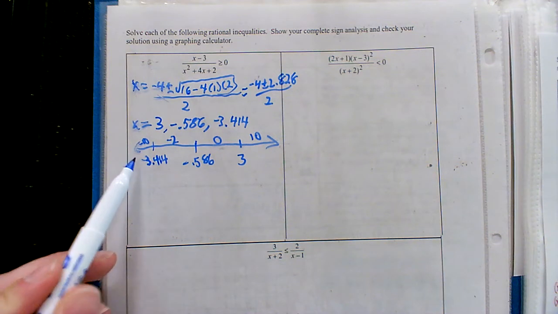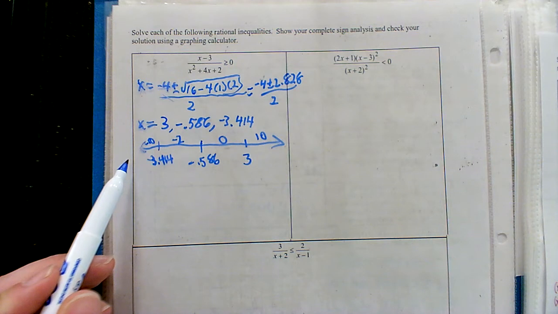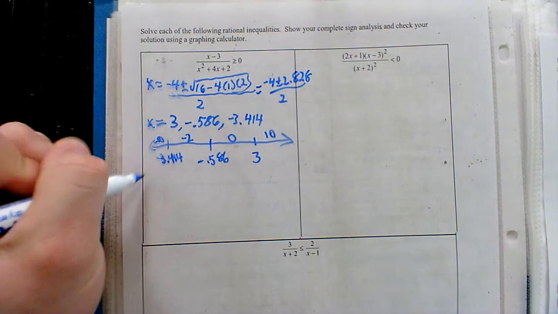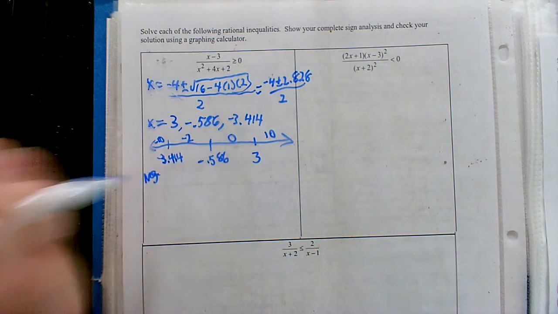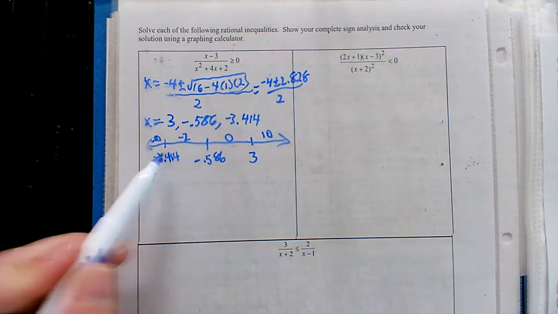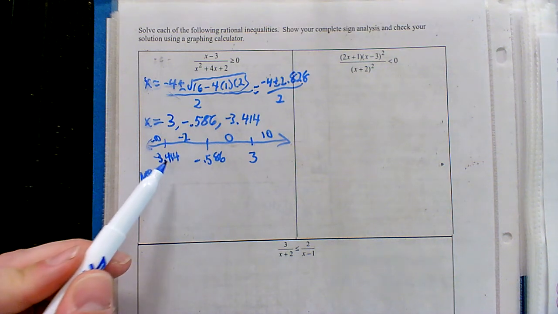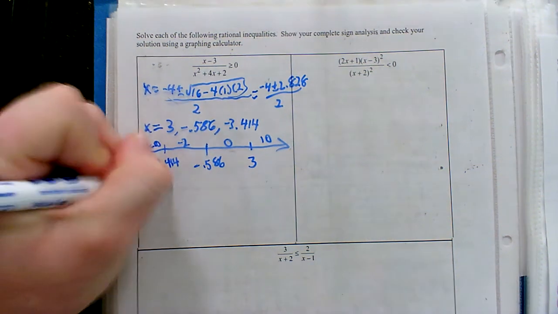Alright, the first interval, furthest one on the left, positive or negative answers? Negative answers. Okay. Griffin, did you get this next interval? Positive or negative answers? Positive. Yep, positive. Very good.